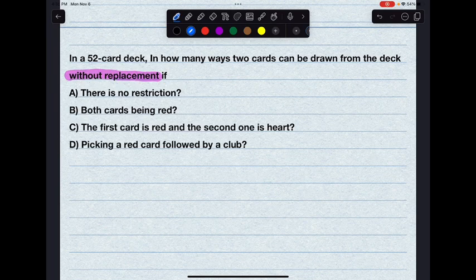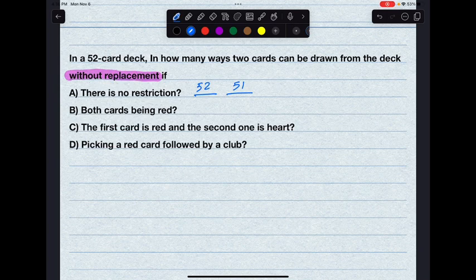So here again we are going to choose two cards. For the first one we have 52 choices, but for the second one we have 51 now, because we already used one card for the first one and we do not have replacement.